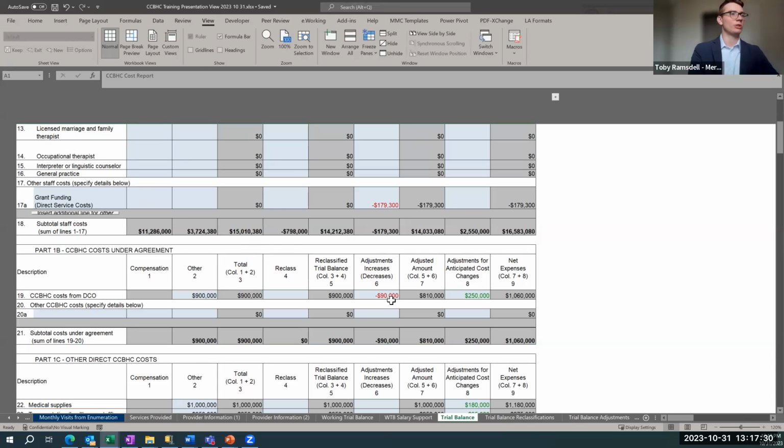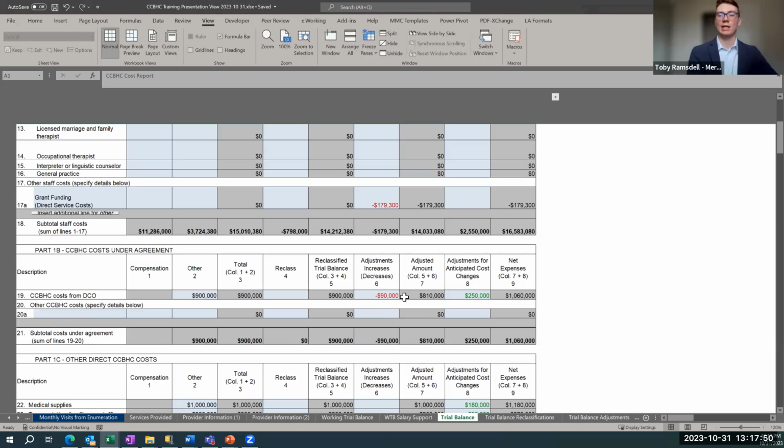And then you'll see some adjustments and anticipated costs for DCO, which is typical. You'll see the allocation later for this adjustment, but I can tell you now, this adjustment is made based on a related party transaction.